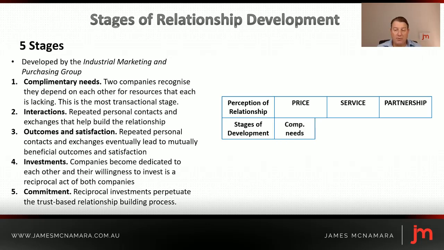So complementary needs, and then interactions can move it up into the more service style relationship. Outcomes and established satisfaction is moving us up right to the beginning of the partnership style arrangement, where they start to invest more, and ultimately there's ongoing commitment from each other into that partnership moving forward.